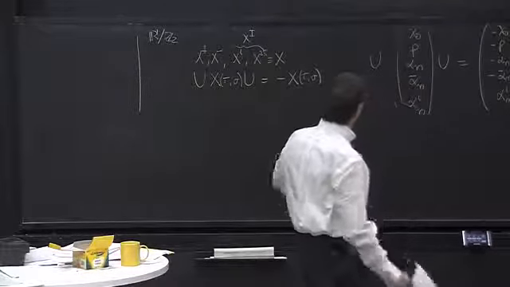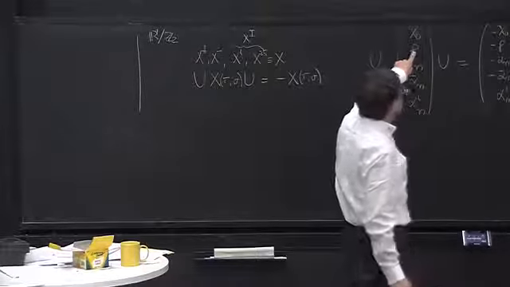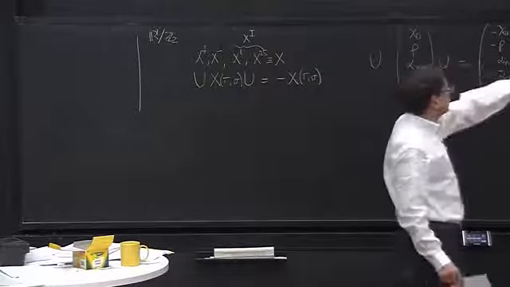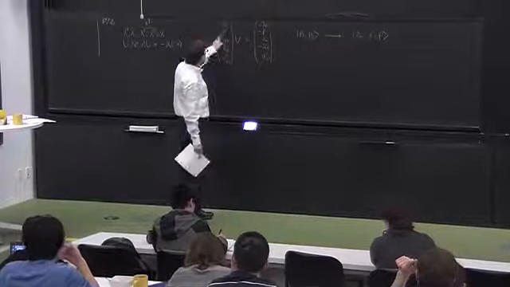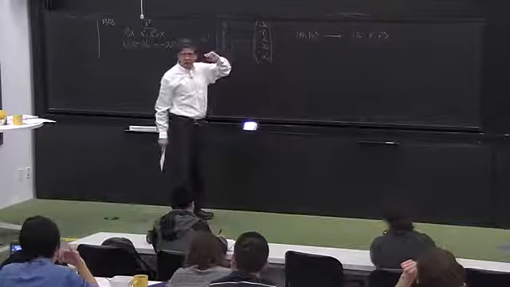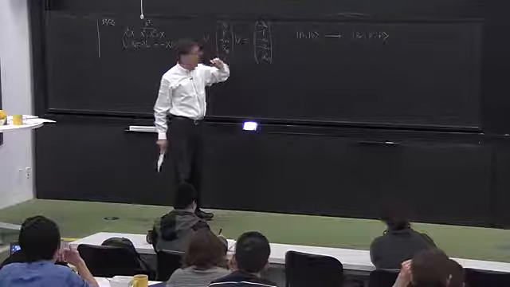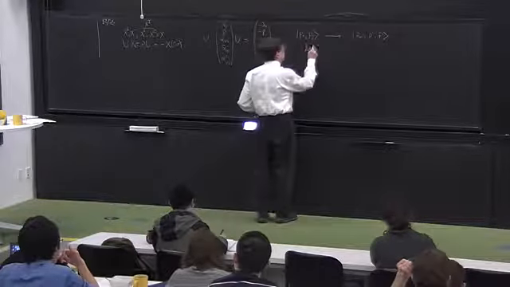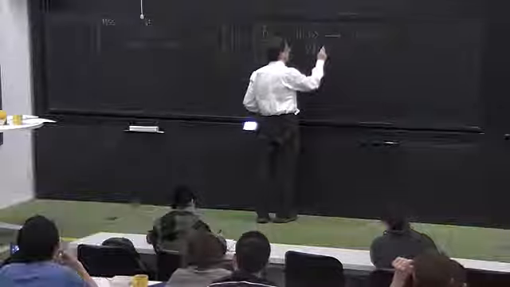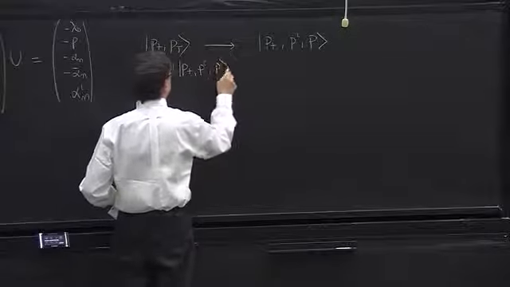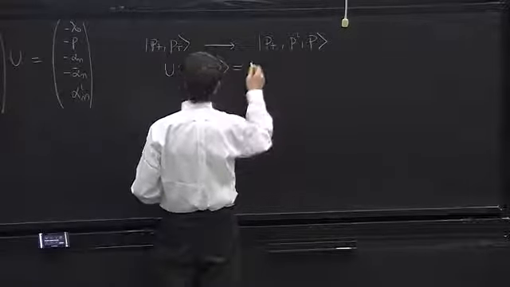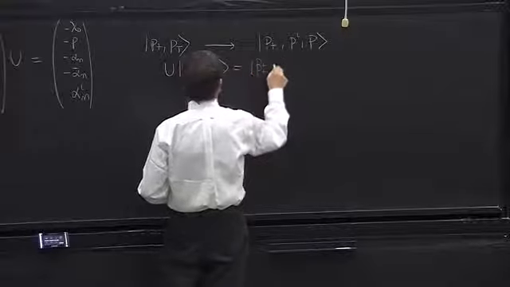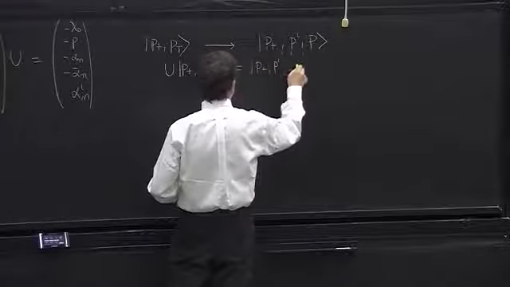On the other hand, the operator P associated to that last coordinate reverses sign under the orbifold operation. So we can say that the U operator on P plus, P i, P is equal to P plus, P i, minus P.